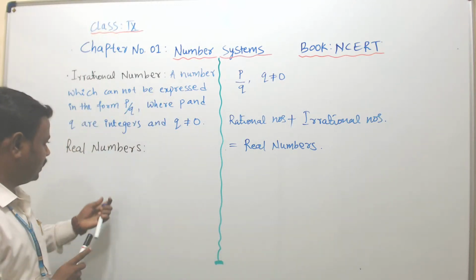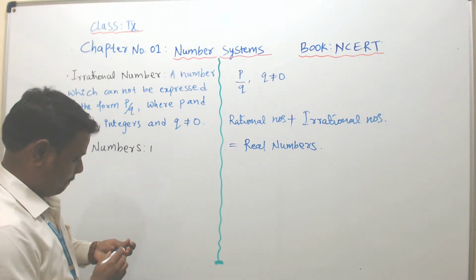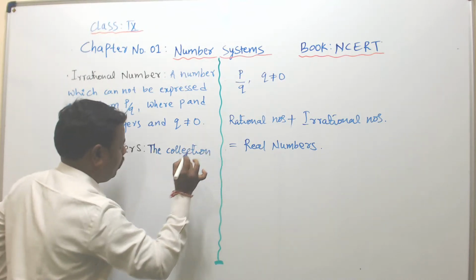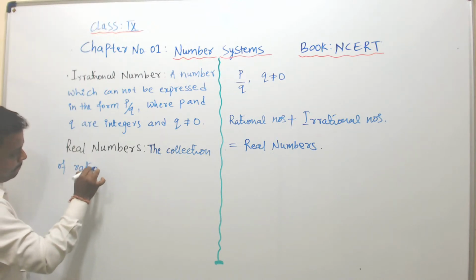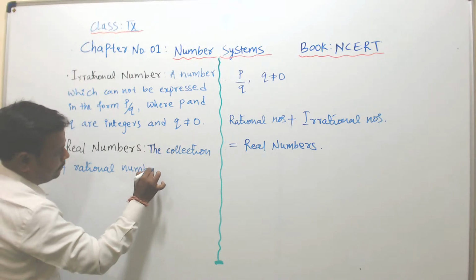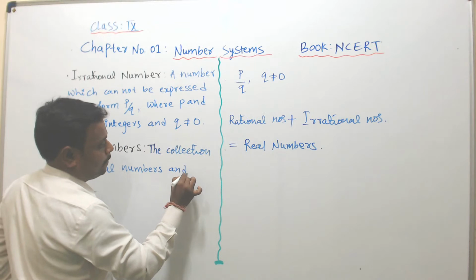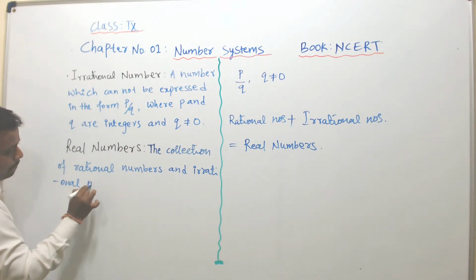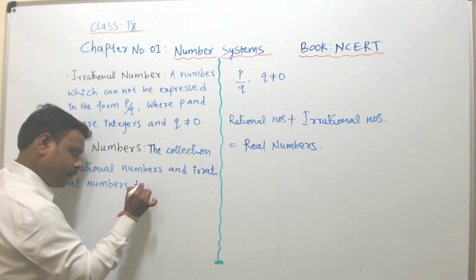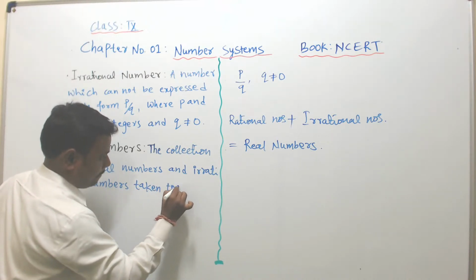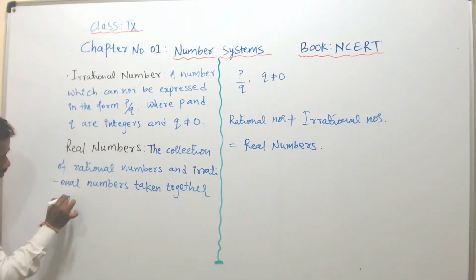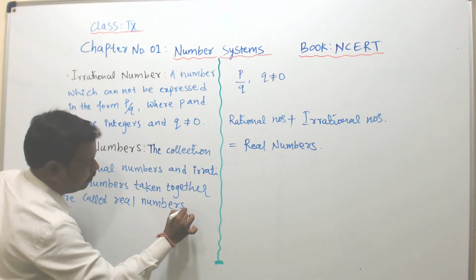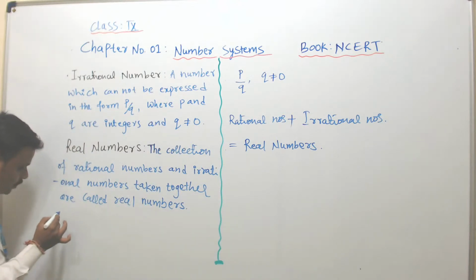Now I will write it. The collection of rational numbers and irrational numbers taken together are called real numbers.